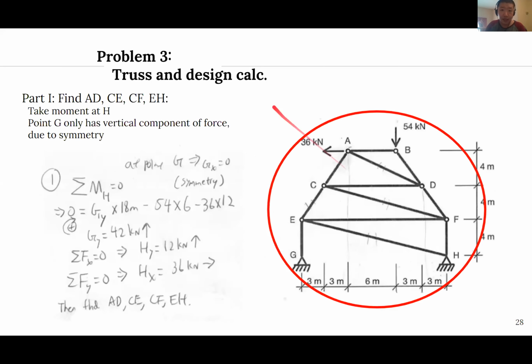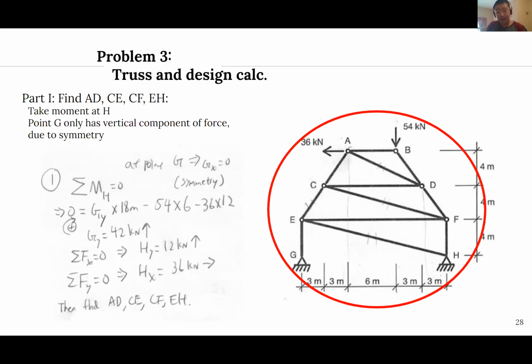So firstly, by looking at the whole free body diagram and taking the moment at H. Oh wait, actually before that, one of the first things that you notice in this problem is that point G and point H are both pin connections.